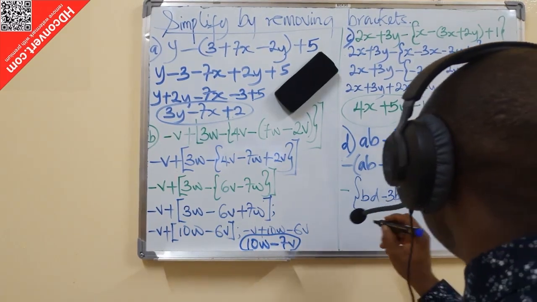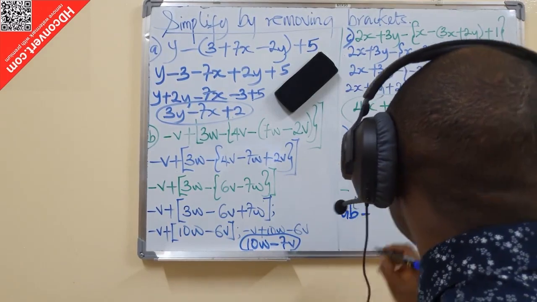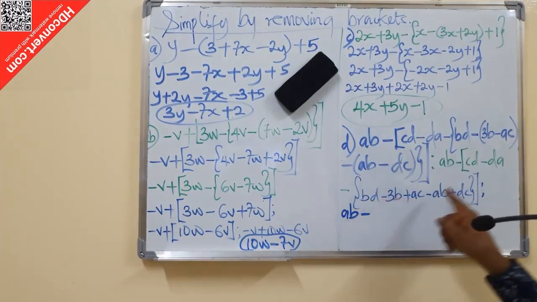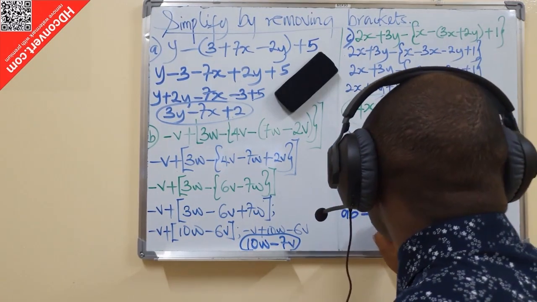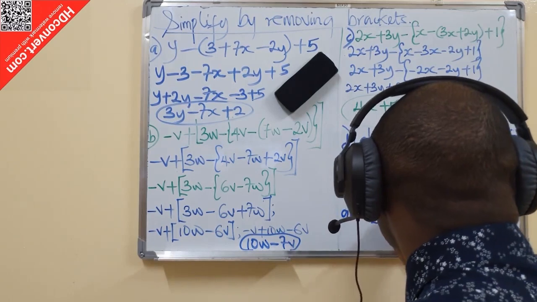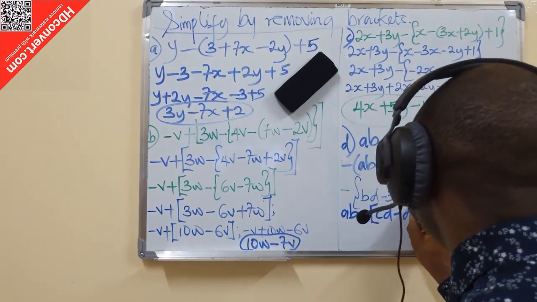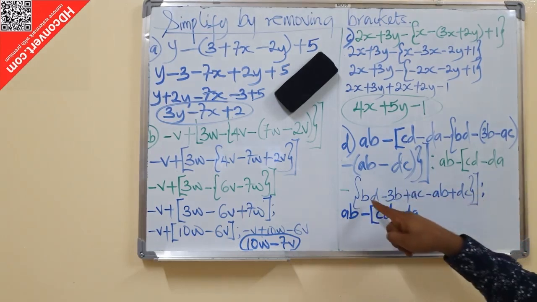We write down our term AB minus, it's time to open the curly bracket now. So we open our block bracket, since the curly one is the next one inside. Write CD, which is here, minus DA. Now we have to multiply everything in the curly bracket using the negative sign.